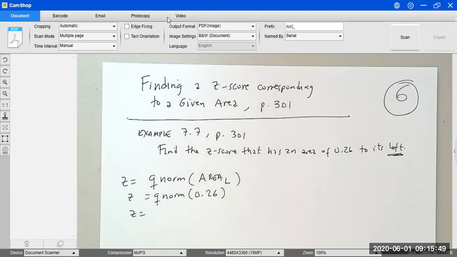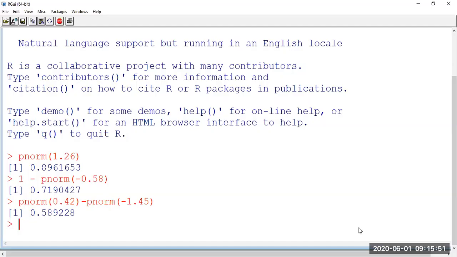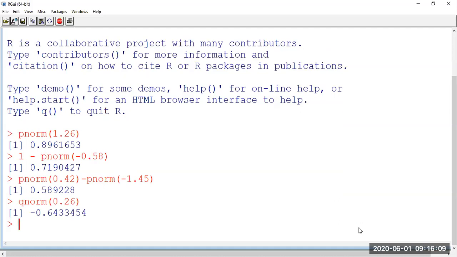Our console is here. I'm going to type qnorm. It's very important that you don't mix up these functions. Now it's qnorm instead of pnorm. qnorm of 0.26, which is the area to the left of this z-score that we're going to find. So the z-score is negative 0.6433. So that's the solution for this problem.